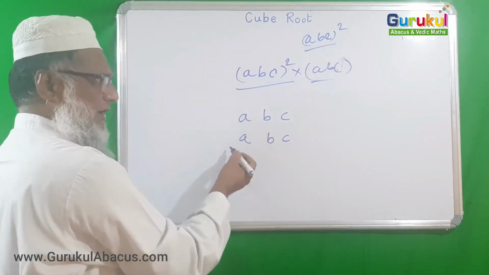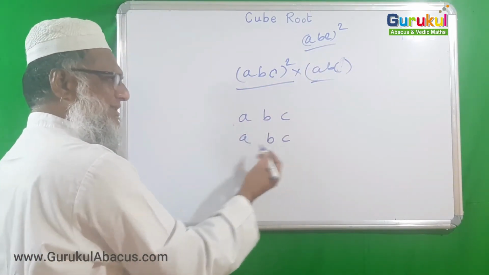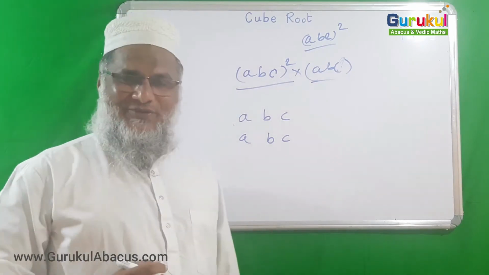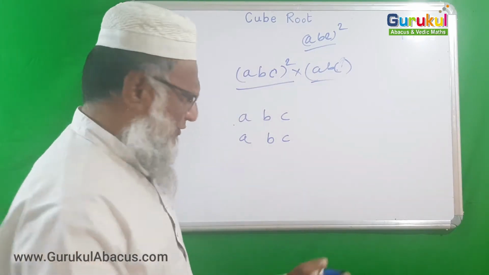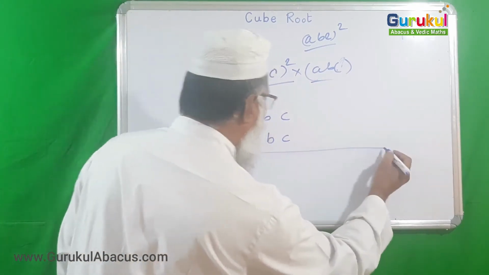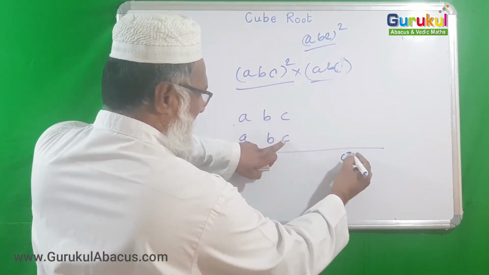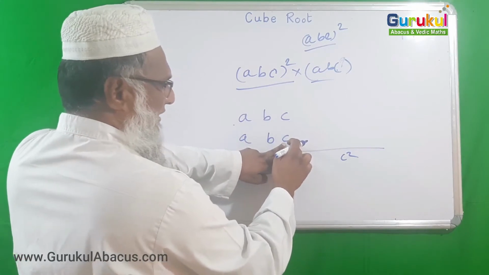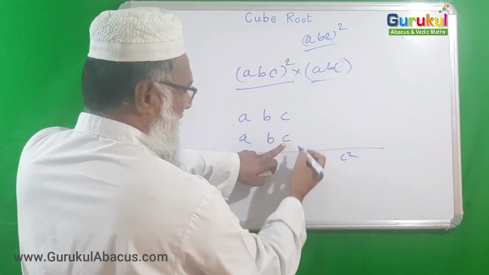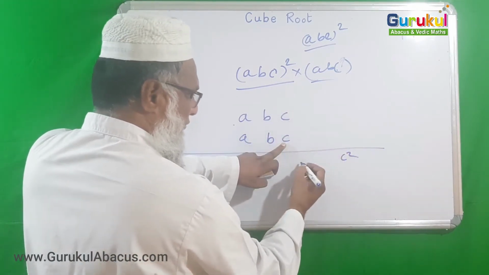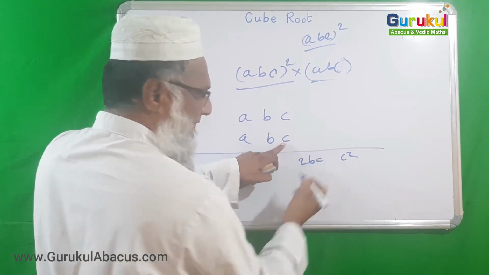Now I have written ABC into ABC for crosswise multiplication. We don't actually need to multiply, just write. Unit into unit, C square. Now unit into ten, ten into unit: BC and BC, so it is 2BC.